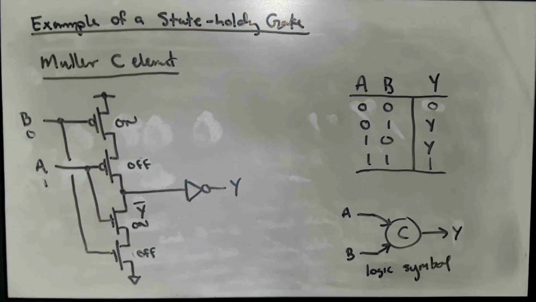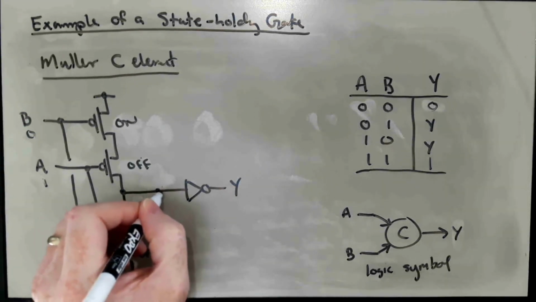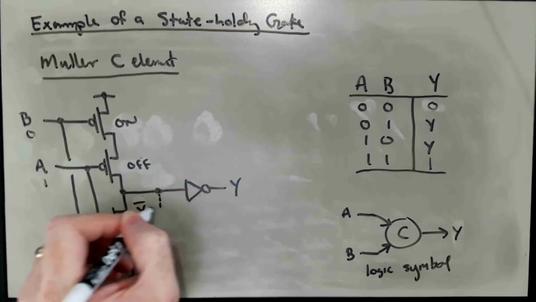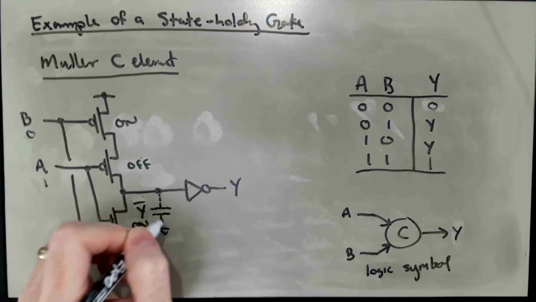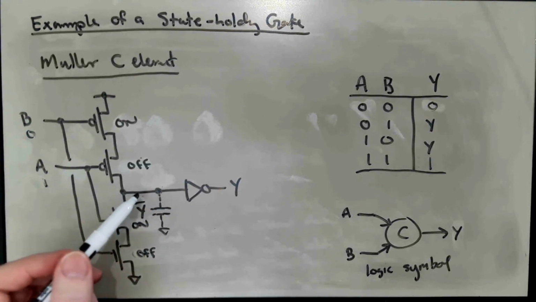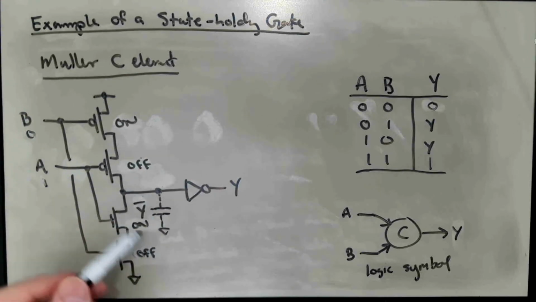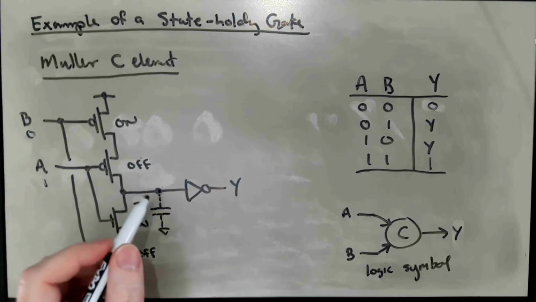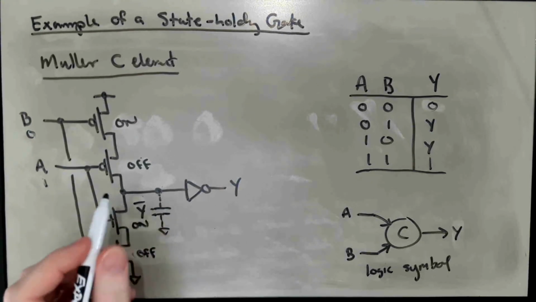So this type of implementation is dynamic: the state here is actually held on whatever the parasitic node capacitance is. There is some charge on this node. This node was charged up to VDD or charged down to ground the last time the pull-up or the pull-down network was actually connected to one of the power supply voltages.